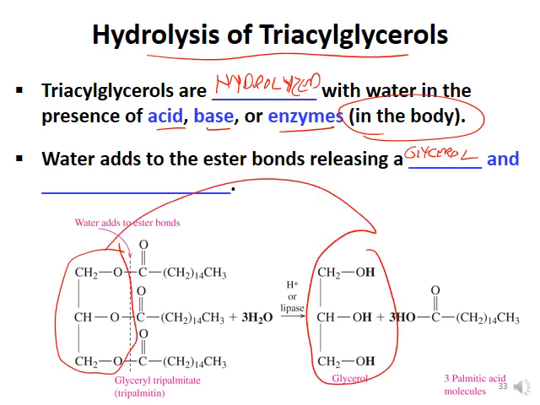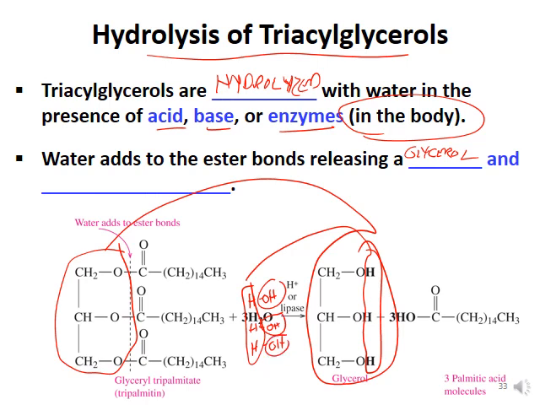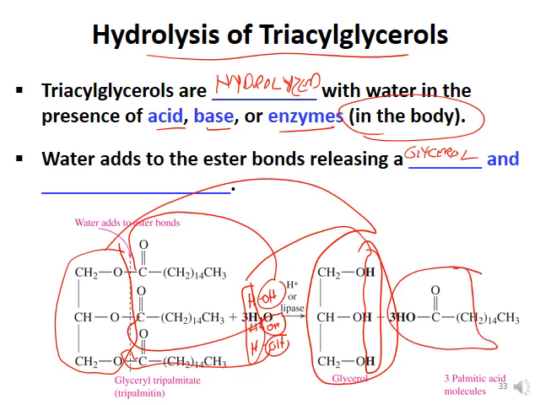We just take hydrogen, stick them on here, and then we take these three OHs and we stick them on here, here, and here to make the carboxylic acid.